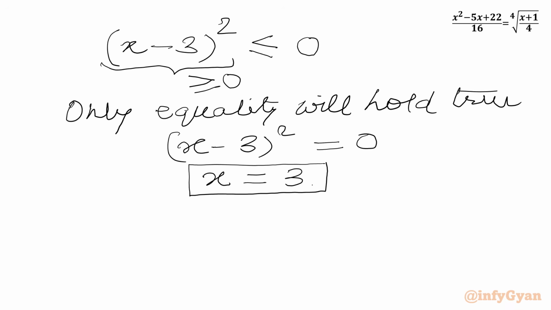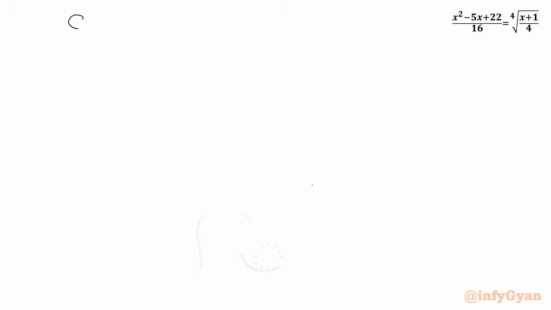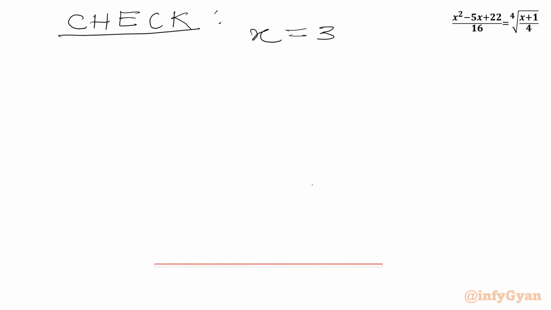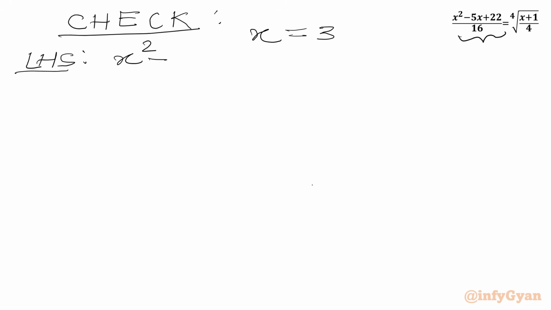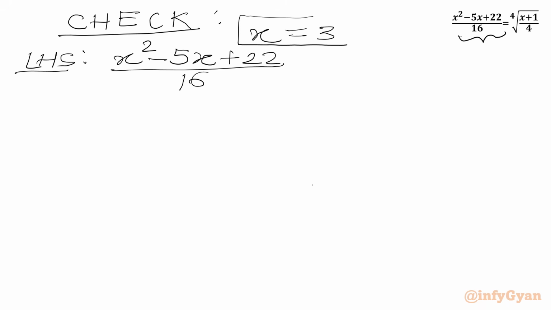Now we are going to verify our solution, so I will write here check. Let me write x equal to 3 and let's begin with the LHS. LHS is (x² − 5x + 22)/16. Let's put x equal to 3.